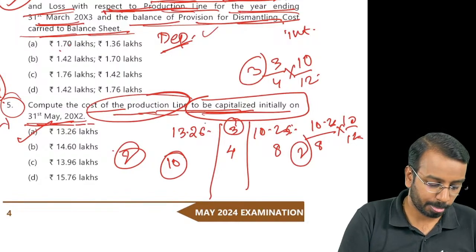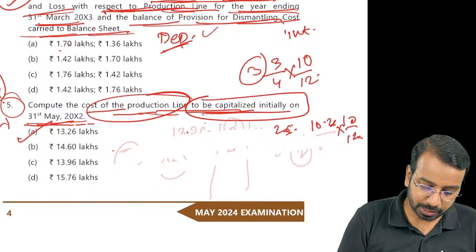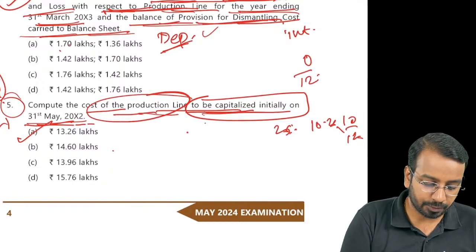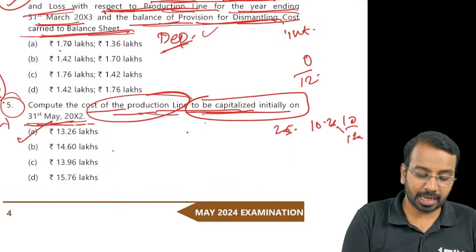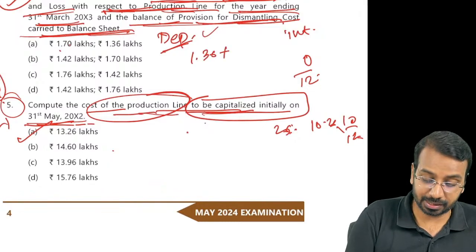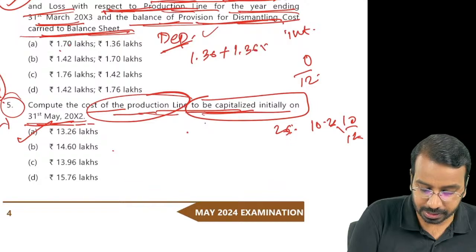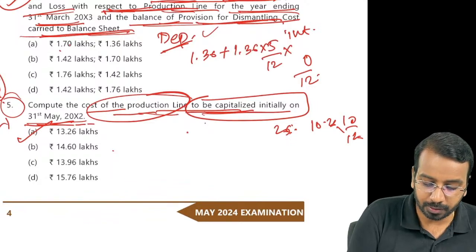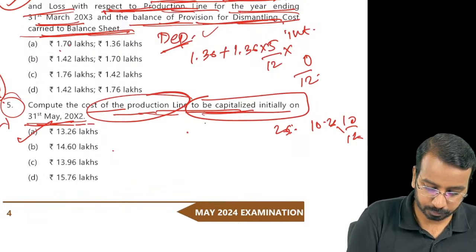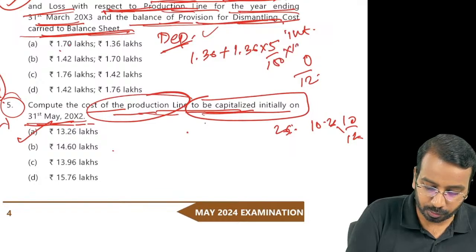That's the first part. Then they have also asked the balance of provision for dismantling cost carried to the balance sheet. What is that? That is your 1.36 plus interest. What is the interest? 1.36 into 5 divided by 100 into 10 divided by 12.